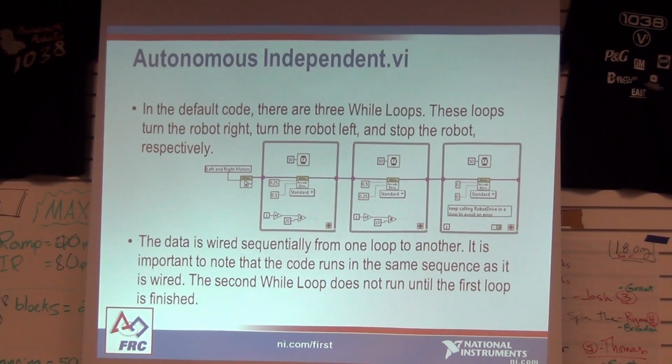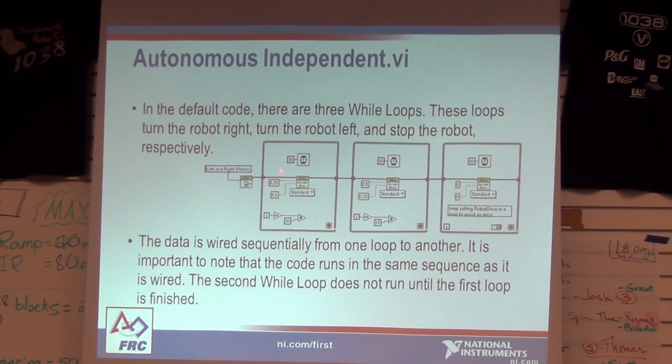I can say this is using arcade drive, and the inputs are the speeds for the axes that I want to drive. So I have two axes, my left and my right motors, PWM1 and PWM2.